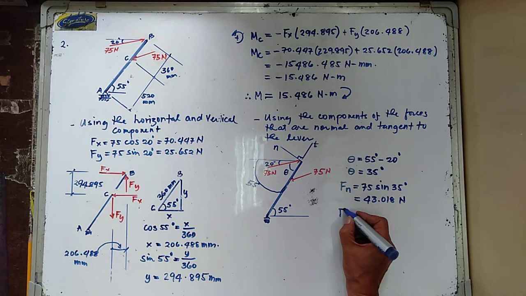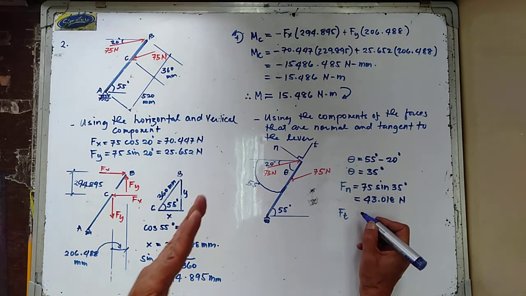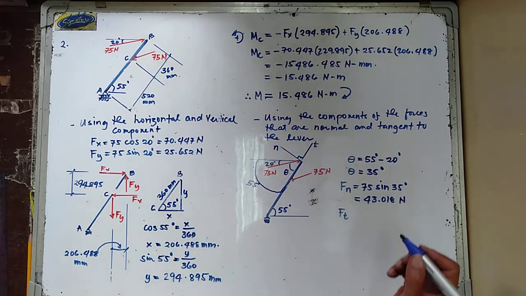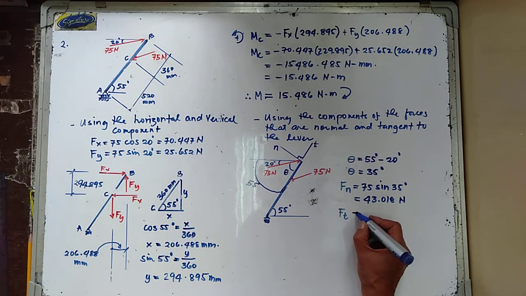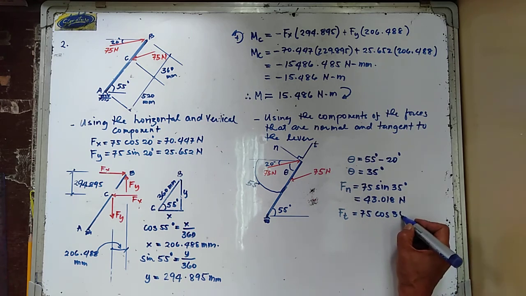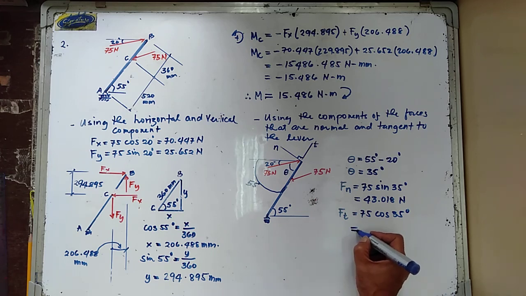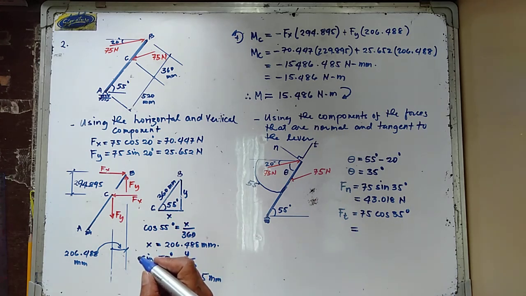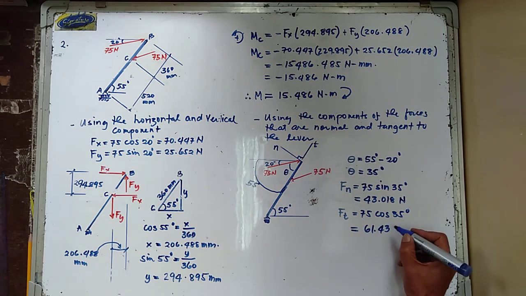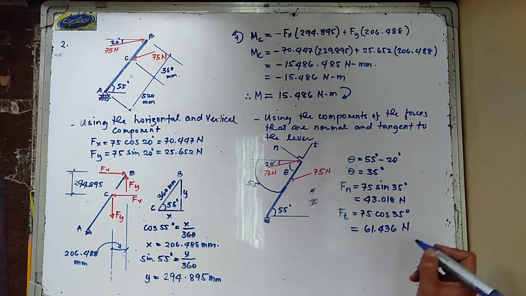And we now have the component in the axis T, which is tangent to the lever, is equal to 75 cosine of 35 degrees. And this one is now equal to 61.436 newtons.